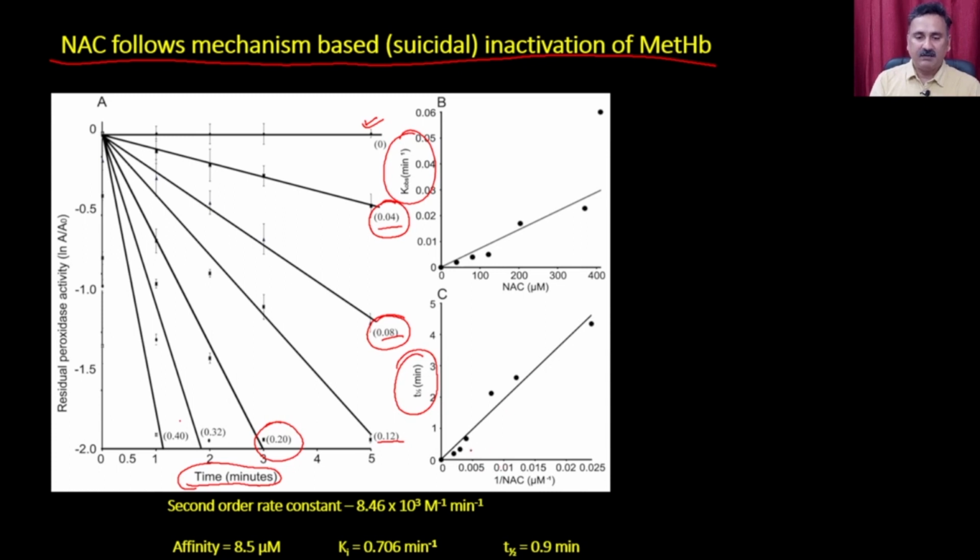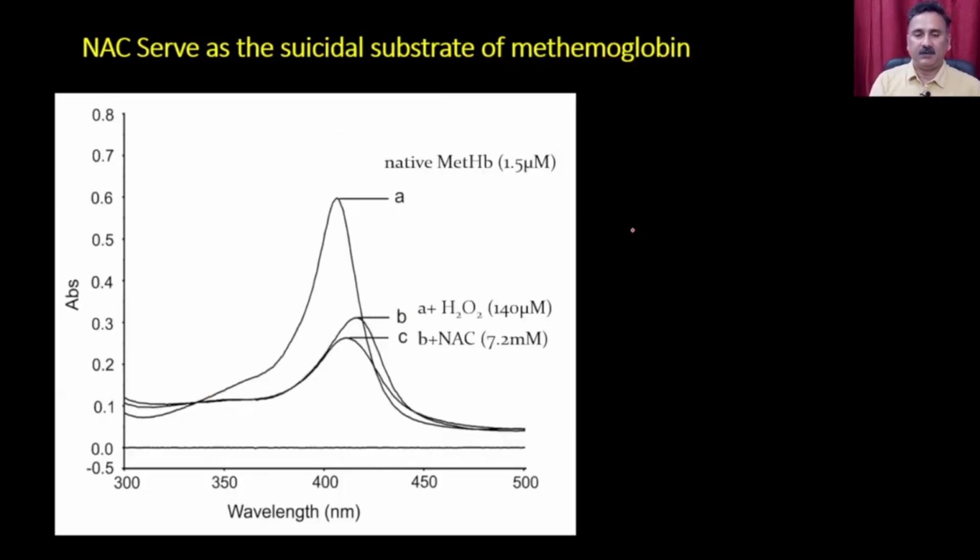From this you will know that the Ki is 0.76, the affinity of NAC for the enzyme is 8.5 micromolar, and T half inact, which means only 0.9 minute is required for inhibiting 50% of the enzyme. Then we also did UV-visible spectroscopy to know whether the NAC is being processed by the enzyme.